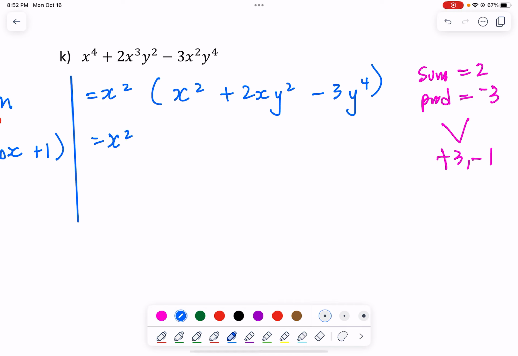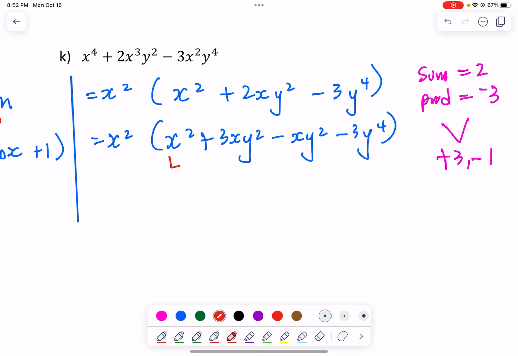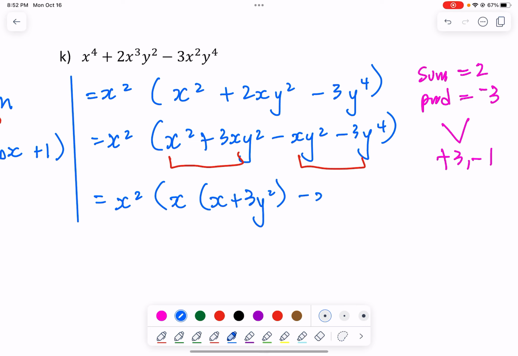So x squared, break down that middle term into plus 3xy squared minus xy squared minus 3y to the 4th. Now factor by grouping, and we get x squared, we're left with x plus 3y squared minus x plus 3, xy squared, x plus 3y squared.